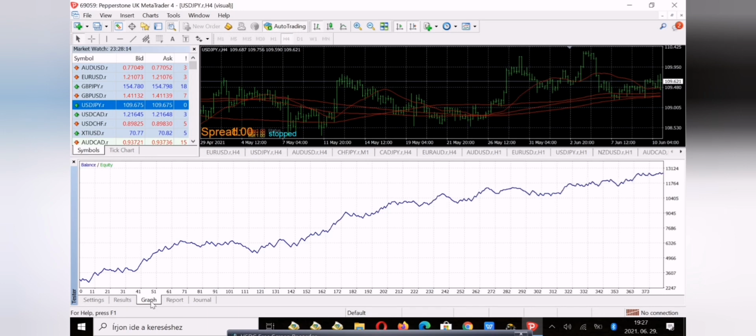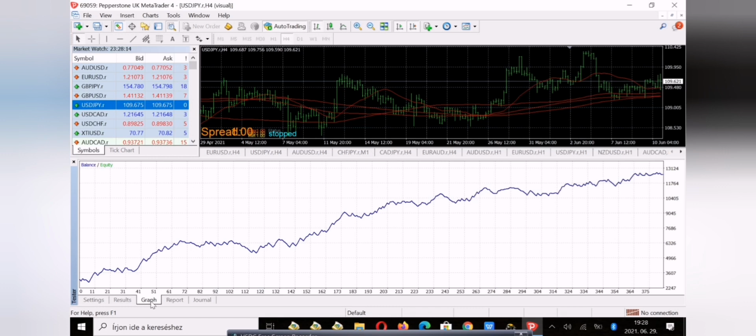And this way it can't blow your account ever, because you have safety features. And they are safety features, and I use them as such because I don't want to blow my account, obviously.